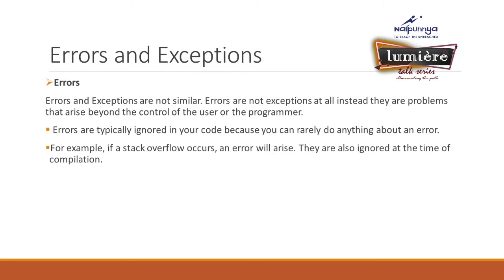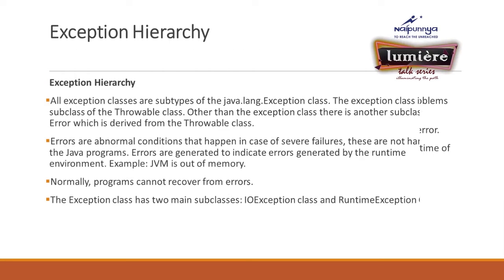Now I am going to explain the exception hierarchy, that is, how the different classes of exceptions are arranged in a proper order. In the exception hierarchy, all the exception classes are subtypes of the java.lang.Exception class. And the Exception class is a subclass of the Throwable class. Other than Exception, there is another subclass called Error, which is actually not an exception, but a different type.